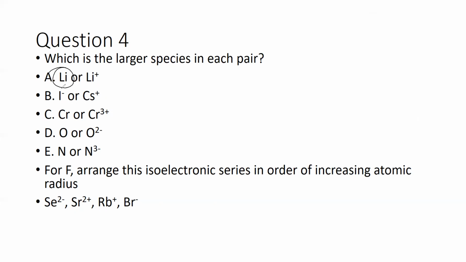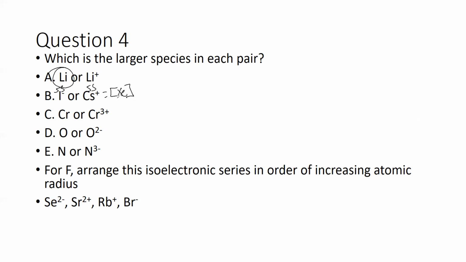All right, let's look at I minus and Cs plus. Now I is element 53, Cs is element 55. When I gets an electron, it gets the electron configuration of xenon. When Cs loses an electron, it also gets the electron configuration of xenon.